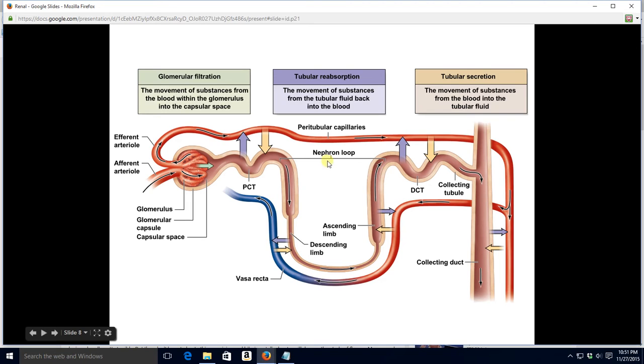Yes, I don't like this slide, it calls it the nephron loop. I like loop of Henle better. And then through another tube called the distal convoluted tubule. And by the time it's here, it's no longer filtrate, it's urine. All right, and it ends up in this collecting duct.